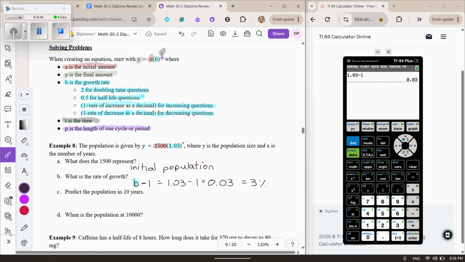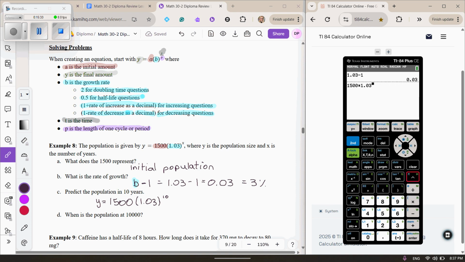Okay, next we have predict the population in 10 years. So 10 years is our t value, or our x value in this case. So y equals 1500 times 1.03 to the power of 10. So for a question like this, if you are given the equation, you are welcome to use it however you see fit.